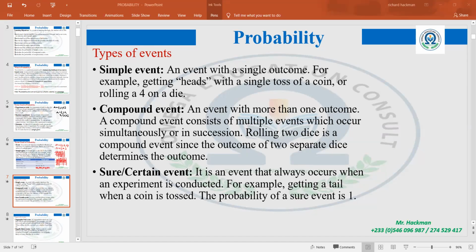Immediately I enter the class, if I perform that experiment, what will come out of that will be a girl. And the other one will be uncertain. That is you meeting a boy, and that will be the unsure or uncertain event, which we sometimes call impossible events.